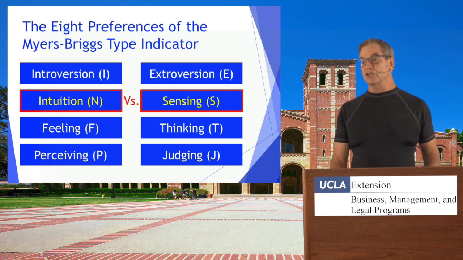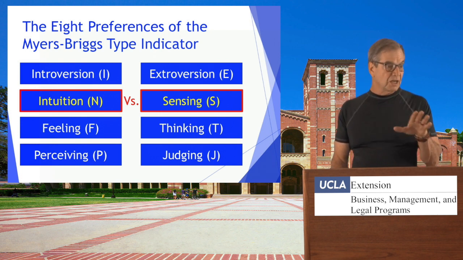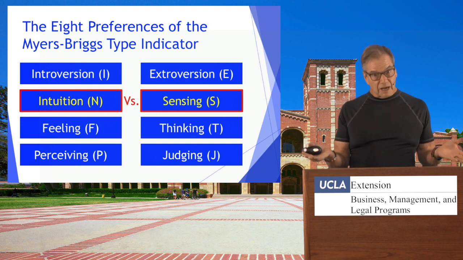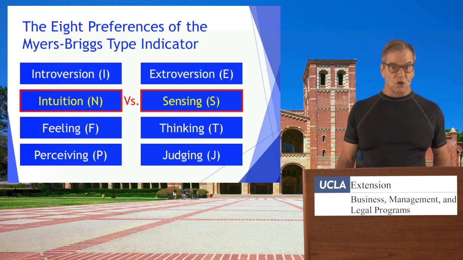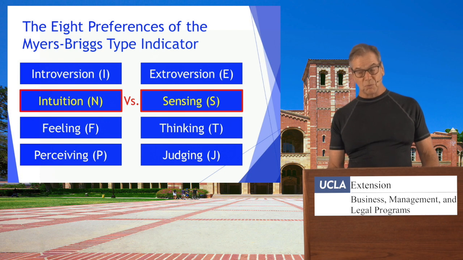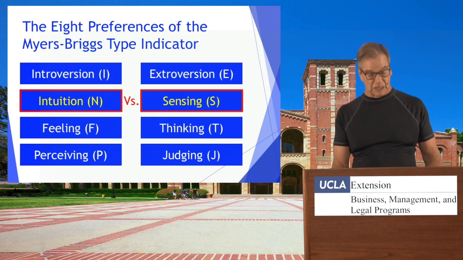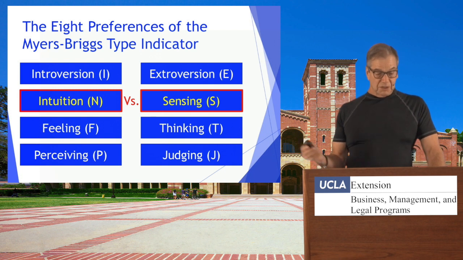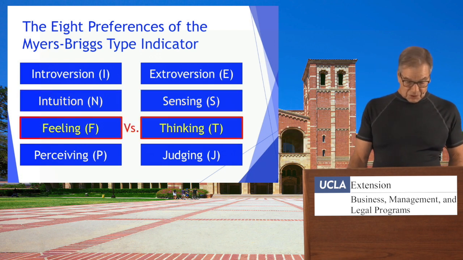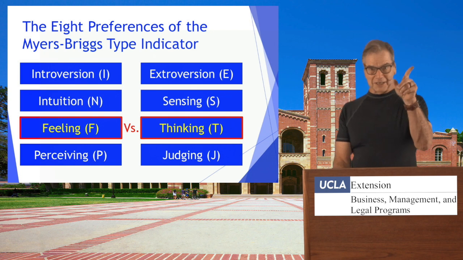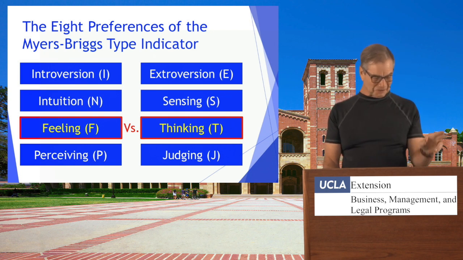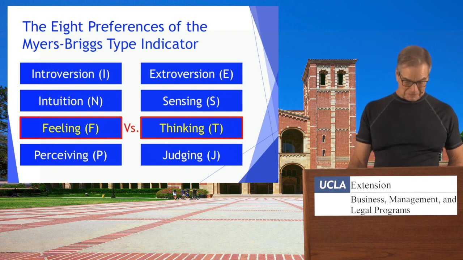They want to base their attention on things they can see, knowledge that they have, traditions that they know condone how they're going to make a decision and where they want to focus their energy. So put an N or an S down, okay? So an N or an S for your second letter.